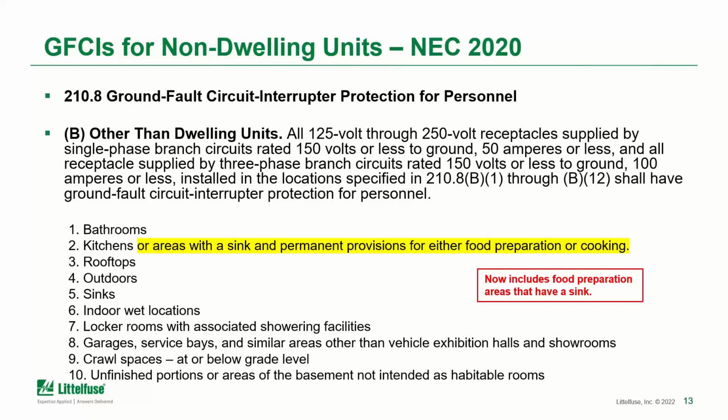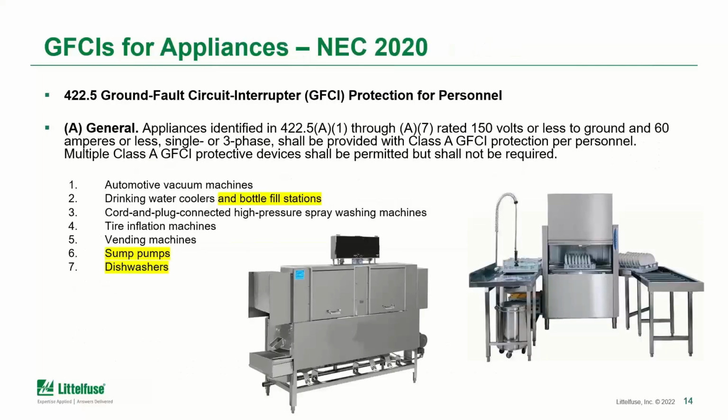So this really expands that requirement to things like, we'll say, ice cream parlors, coffee shops, areas like that, where they might have that high amperage equipment, but may not previously have qualified as a full kitchen application. So again, we're still talking about, we'll say, the standard GFCIs, but I think it's important to give a little background about the GFCIs in the code today.